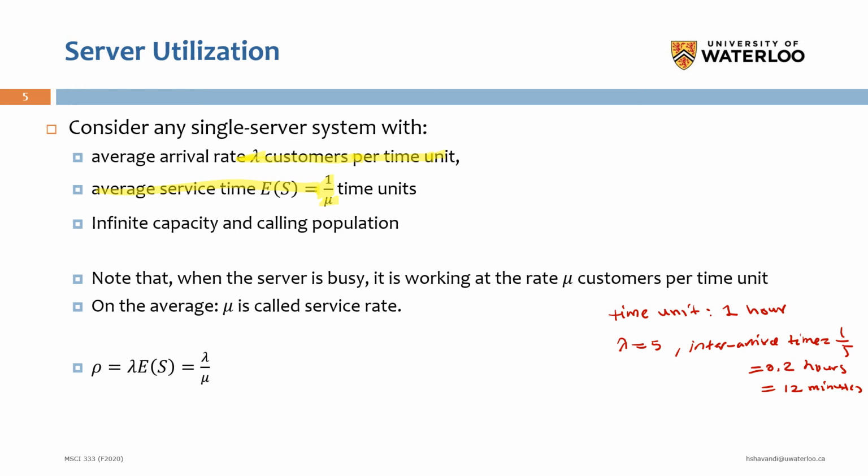Okay, and the service time here, let's say the mu is 8. So this means that the server can serve 8 customers per hour. So again here, 1 over mu, or the average service time E[S] equals 1 over mu, and it will be 0.15.